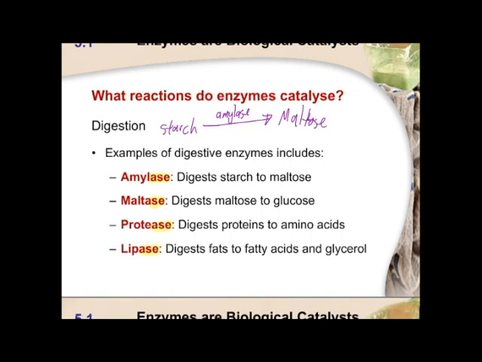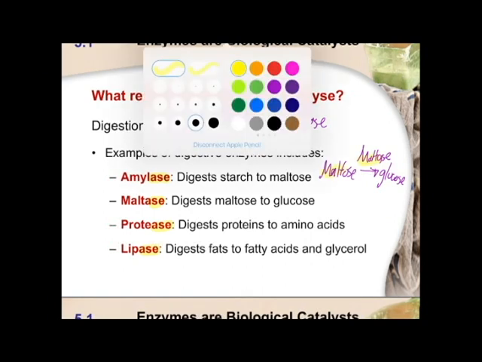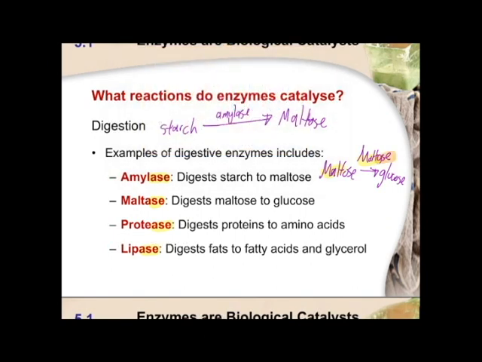So in the case of maltose being digested into glucose, the action of maltase is the enzyme, where the first part, malt, follows the substrate, and the second part, ASE, indicates that it's an enzyme. And in the first two points, you will see that these two enzymes are responsible for digesting carbohydrates.